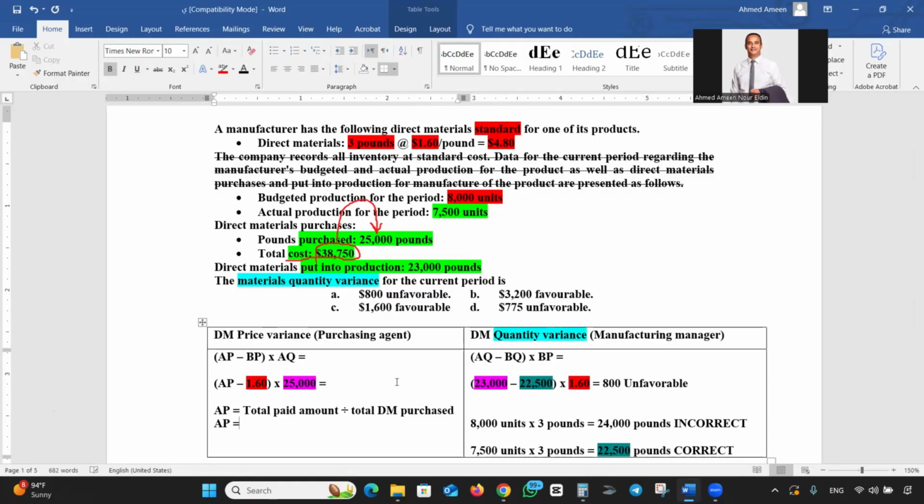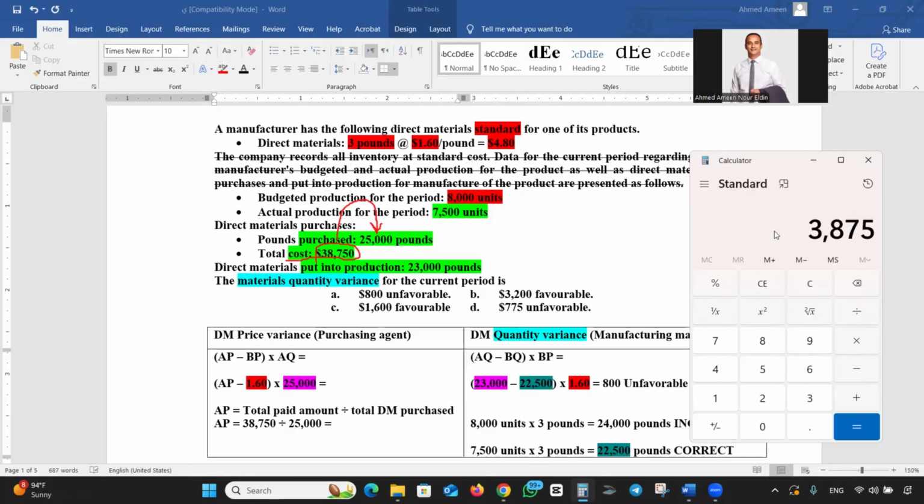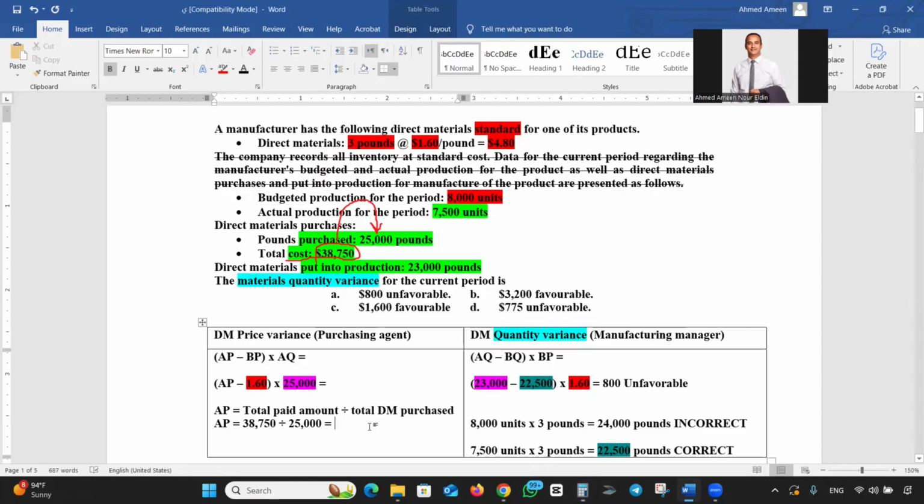Actual price will be equal to 38,750 divided by 25,000, which equals 1.55.